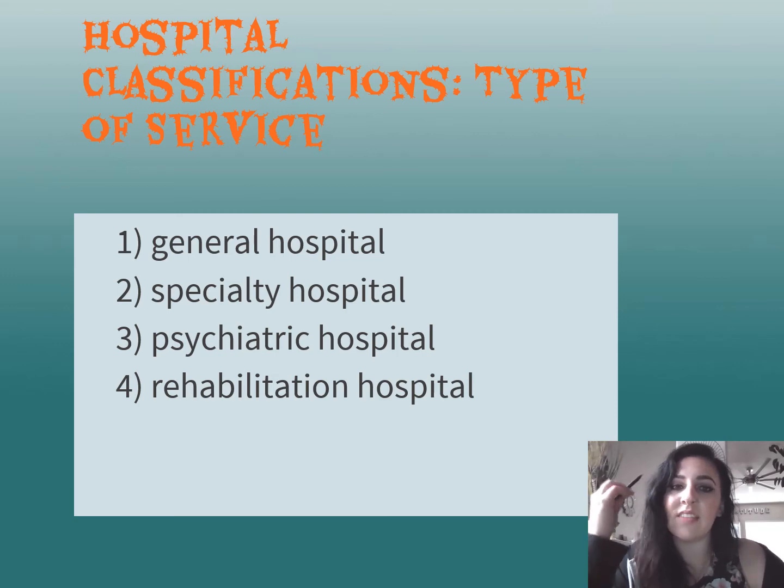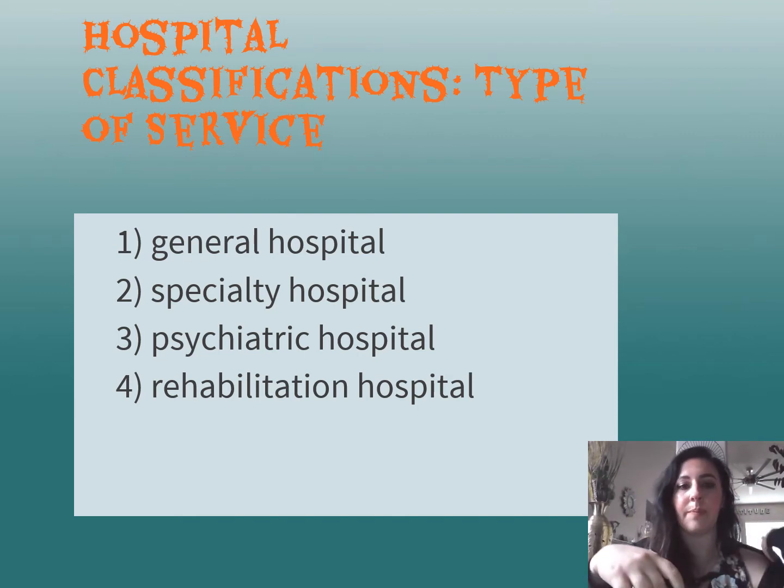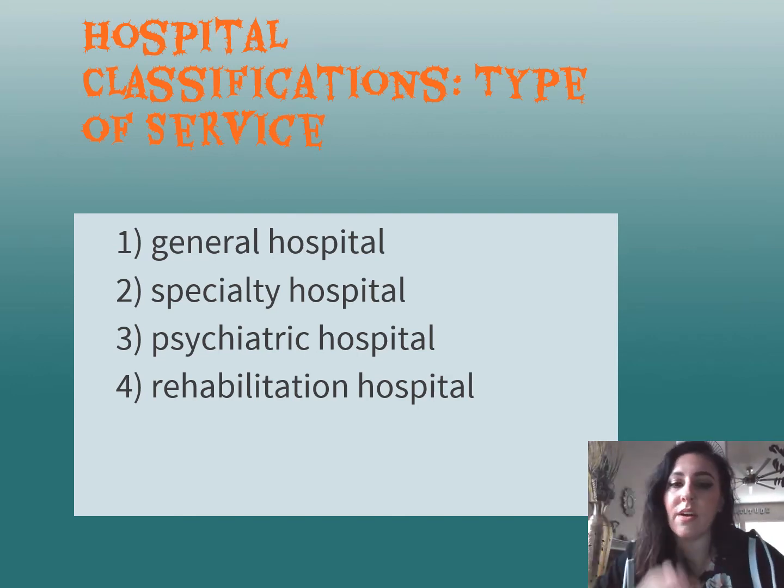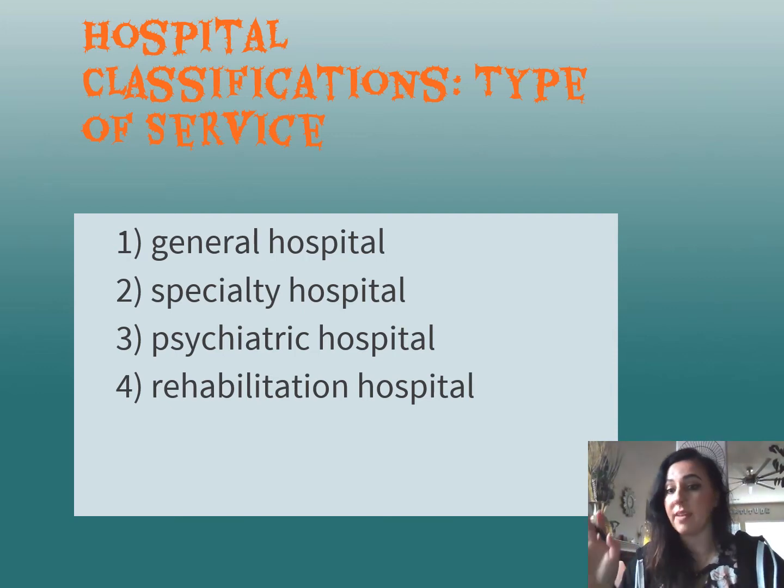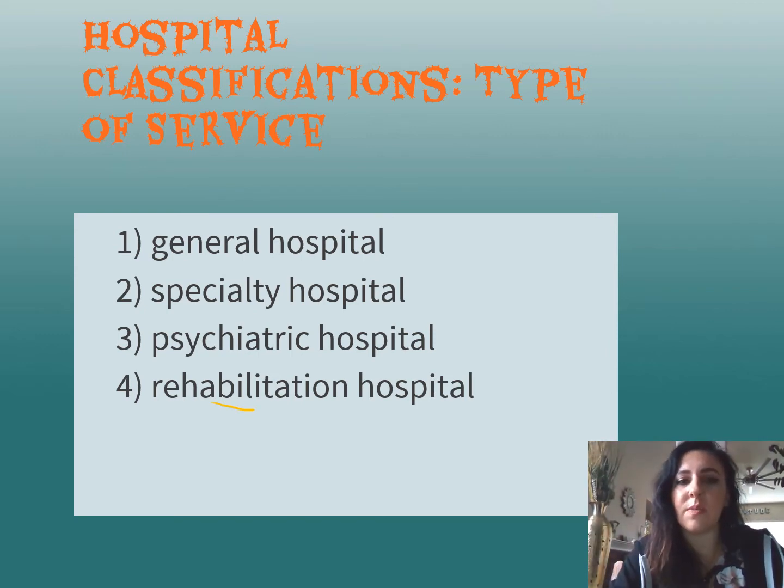Okay, then we have specialty hospitals. There are cardiology hospitals, respiratory care hospitals, and such and such. Then there are psychiatric hospitals, and we already went over that before, that those are mostly state-owned. And then rehabilitation hospitals, there are or there have been in the past. However, these days, rehabilitation hospitals are kind of going extinct.